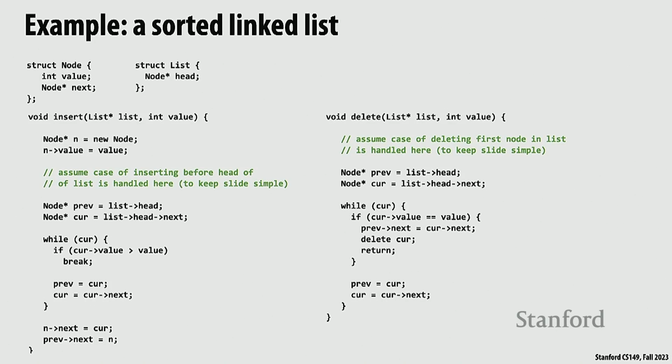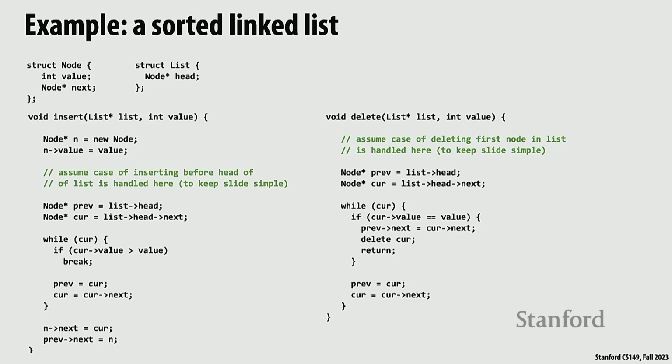We have a node which has a value and a next pointer, and this is insertion and deletion into a sorted linked list. So your operation on insert would be: create the new node and then walk forward into the list until you find the first node that is bigger than me, and I need to insert myself right before.